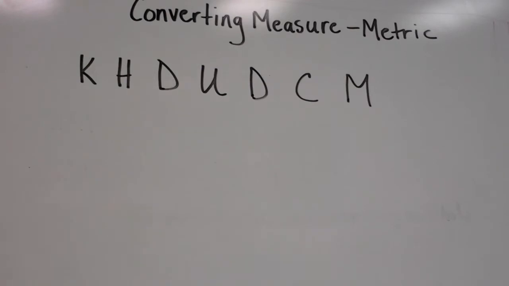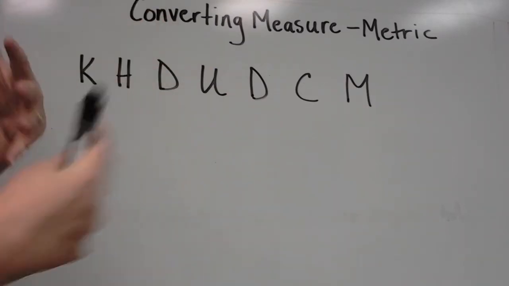In the metric system, they have some prefixes, which are words that come before the word meter, gram, or liter, that help us understand big measurements and small measurements. Okay? And the metric system is all based on tens. So that's going to help us.